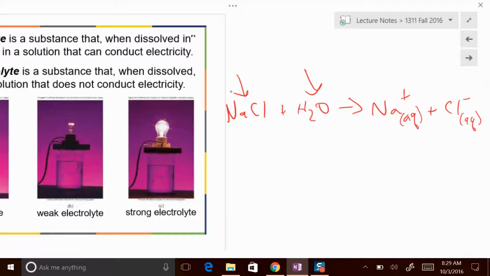They're broken apart. Sodium chloride will conduct electricity. It is a strong electrolyte. You would conduct electricity through this water solution, and that light bulb would glow bright because it has a strong ability to conduct electricity.